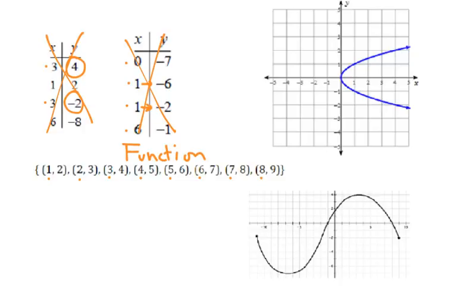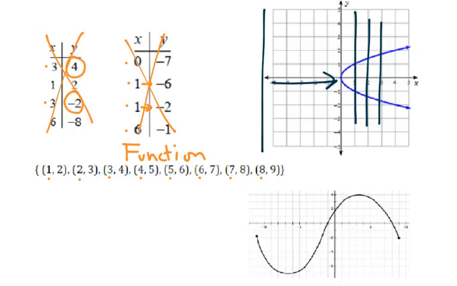Now the way you see it on graphs: look at our x value, say an x value of 2. Does it give me two possibilities for y? It does. On graphs there's a great way we check it. It's called the vertical line test. You basically take a vertical line and run it across and see if the graph touches more than once. If I've got some vertical lines here, you should see they're all touching more than once, up here and down here.